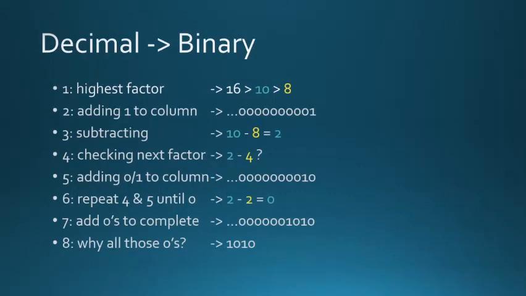You can do that really fast in your head. Just 8 plus 2 equals 10. All the factors of 2 we had. And then you just need to make sure you have the right amount of zeros after your last 1. And you can check that by going through the previous slides and other methods. But that's how you convert decimal to binary.